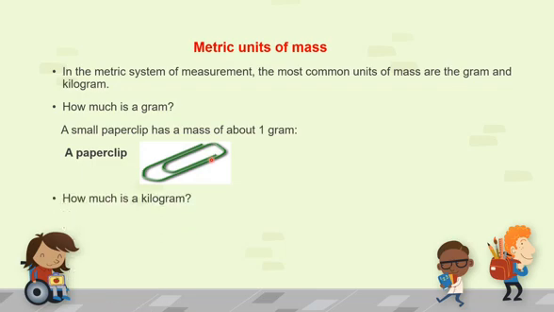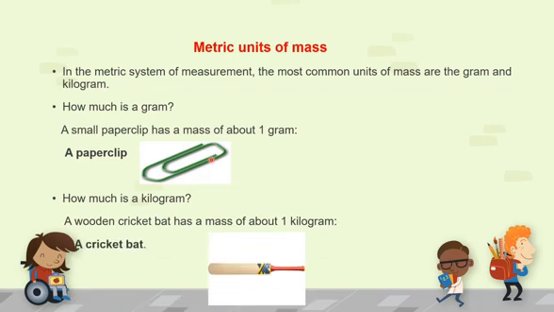And then tell me, how much is a kilogram? Must be heavier than gram only, right? Heavier objects. So let's take an example. A wooden cricket bat has a mass of about 1 kilogram. A cricket bat. Yes, you like to play cricket? The bat is a little heavy, right?